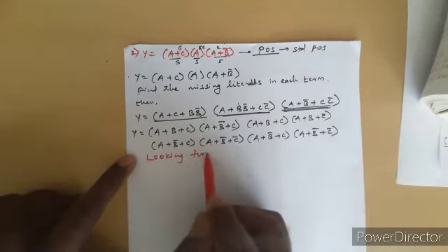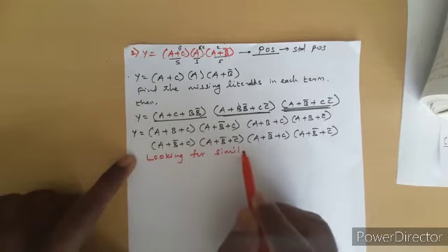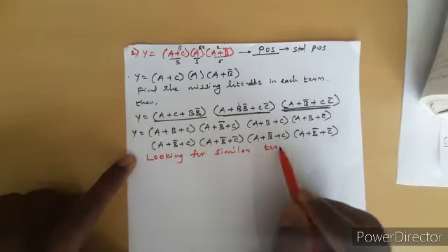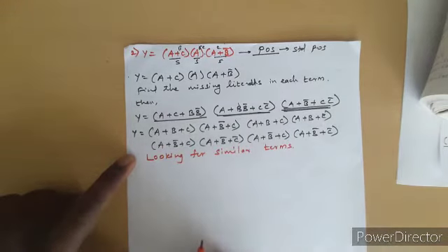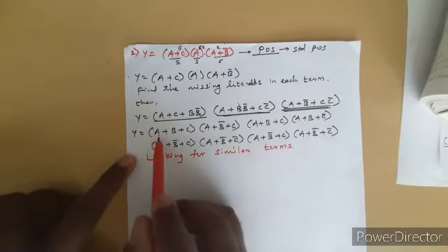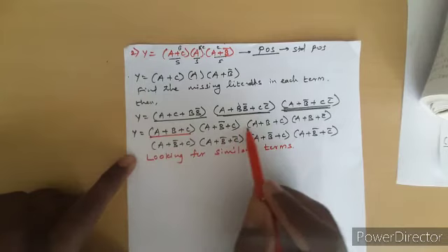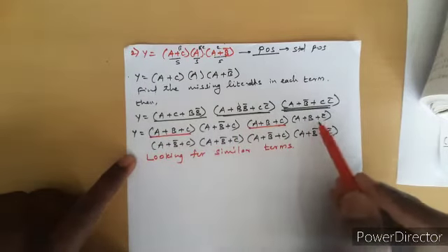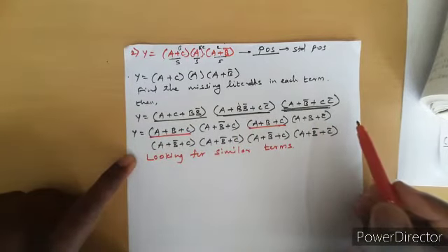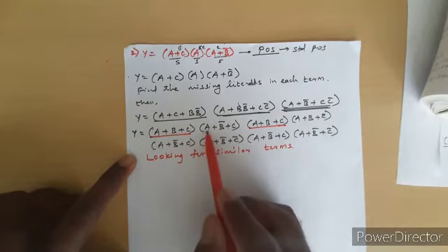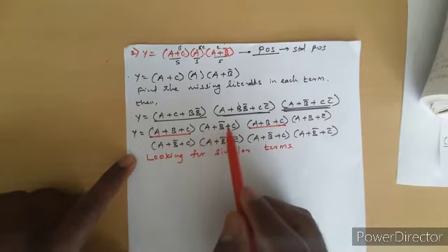Now looking for similar terms. So we have a plus b plus c, this is a plus b plus c, this is a plus b plus c. Then we have a plus b bar plus c.